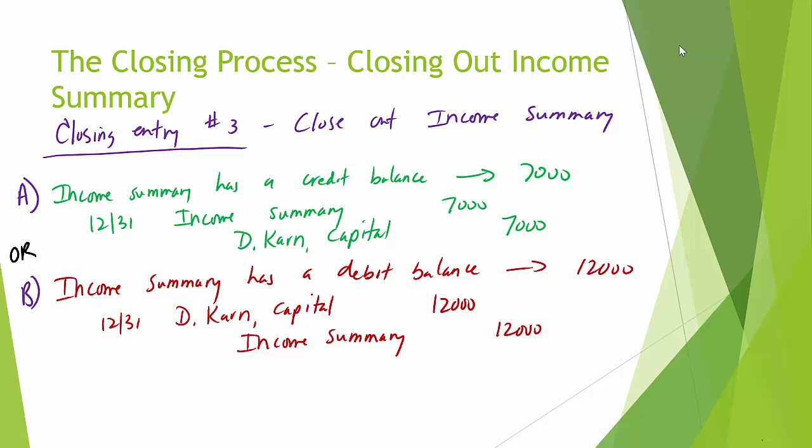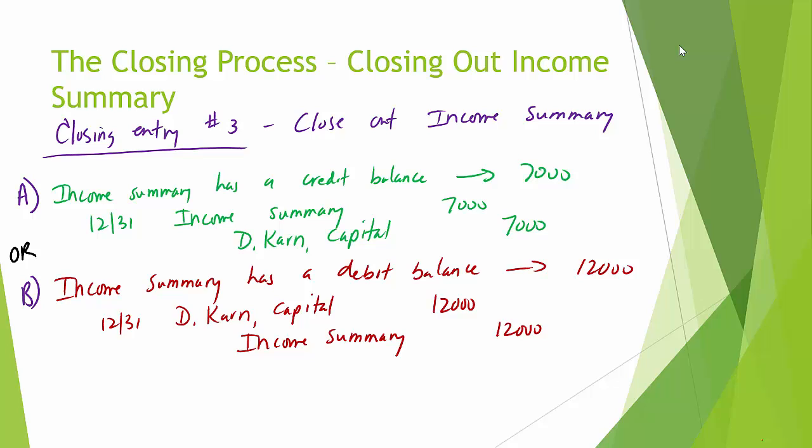So really what you're looking for here is to close out revenues and expenses to the income summary account, and then immediately close out the income summary either as an increase to capital by crediting it or a decrease to capital by debiting it. Either you have a net income or a net loss.